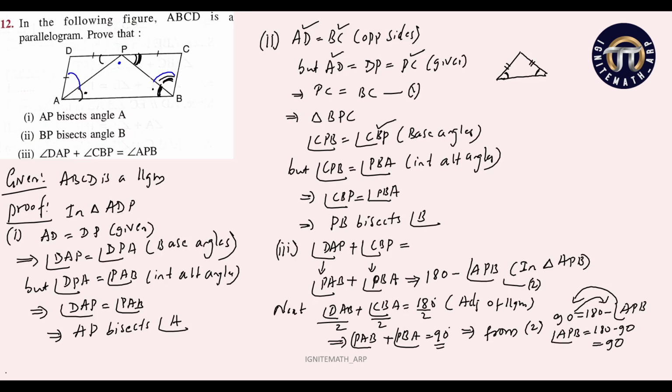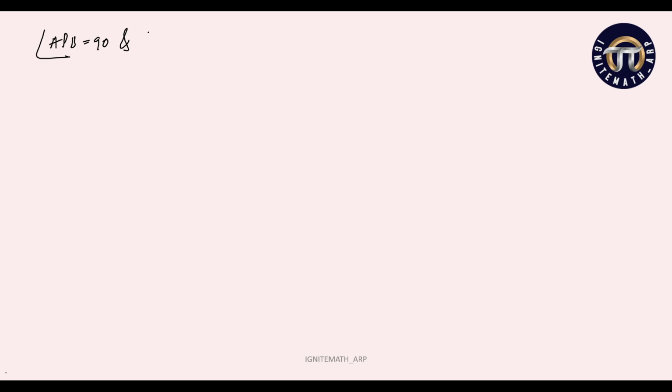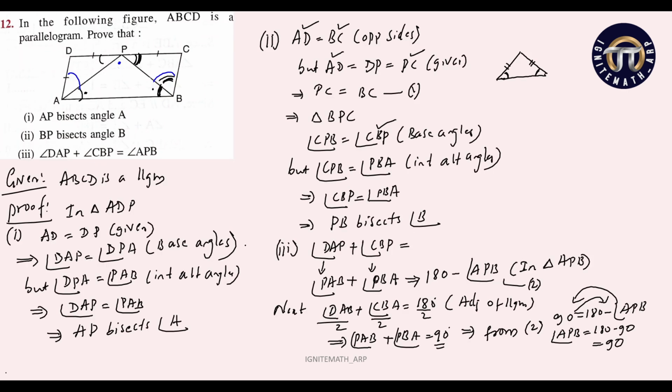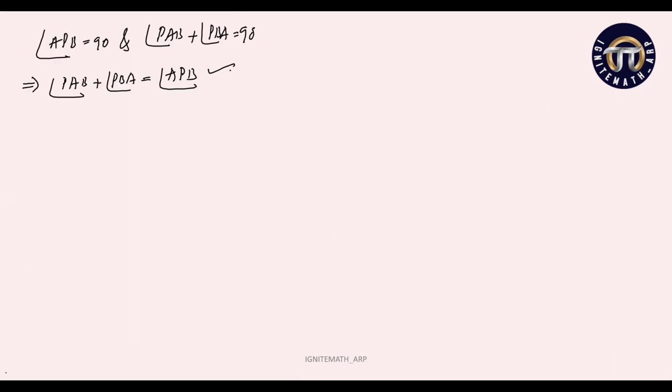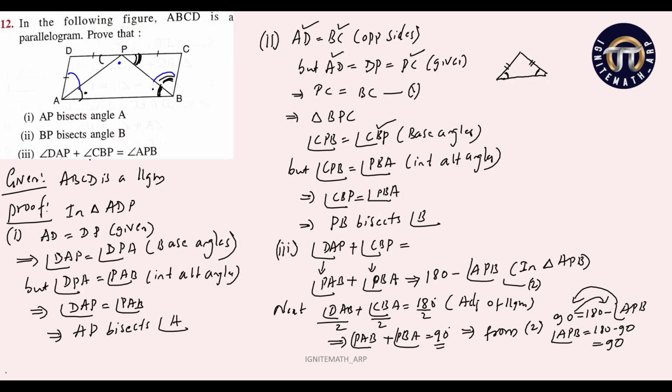And I got PAB plus PBA is also equal to 90 degrees. So what does it indicate, children? That indicates PAB plus PBA is equal to APB. I am supposed to get DAP.